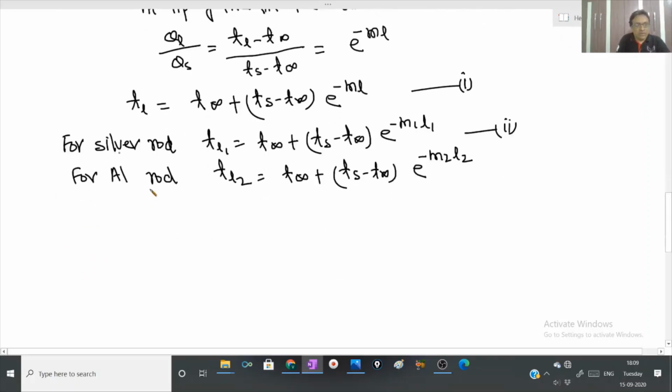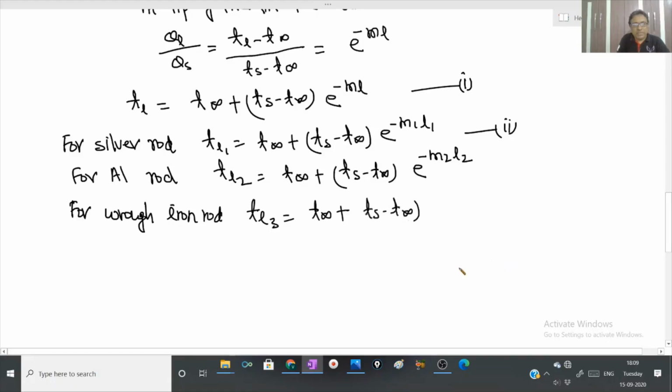And last one is for wrought iron rod, TL3 is equal to T infinity plus Ts minus T infinity e to power minus m3 L3.